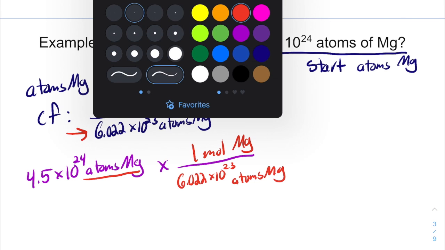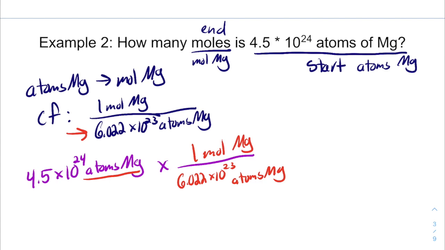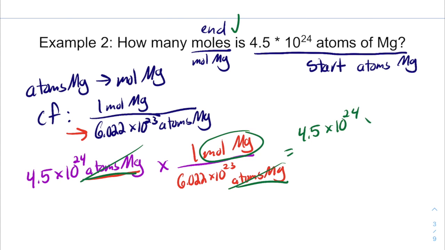We stop, check, can we cancel what we need to cancel out? Atoms of magnesium, yes, canceled out. And we're left with moles of magnesium, which is what we wanted to end with. Now I'm going to just finish out by multiplying everything on the top and dividing by everything on the bottom.